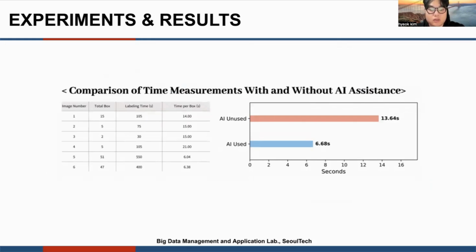In the non-AI condition, each annotation required 13.64 seconds, and in the AI assistant condition, this time decreased to 6.68 seconds, representing a 51.03% reduction. Overall, we confirm that the value of AI assistance becomes even greater as lesion complexity increases.